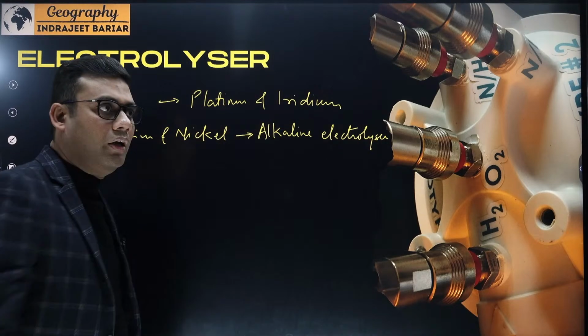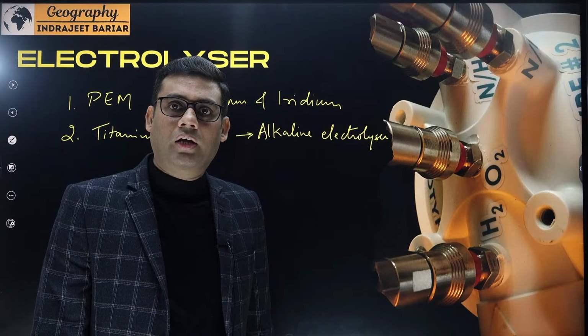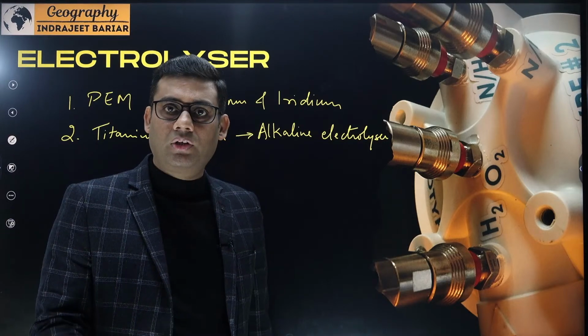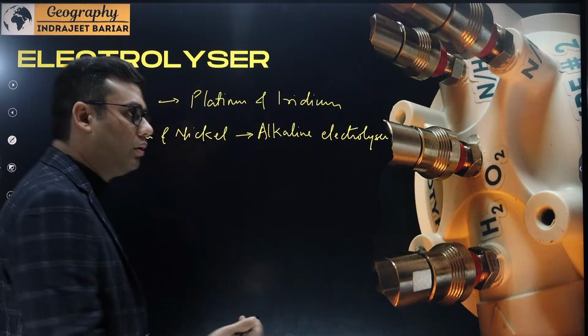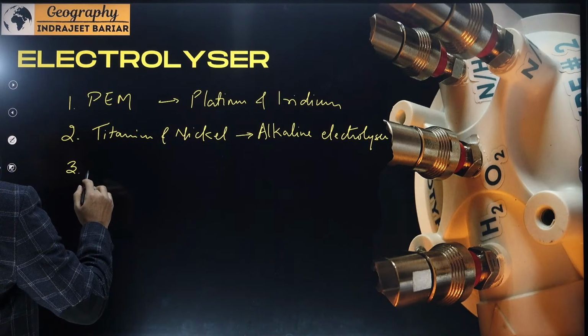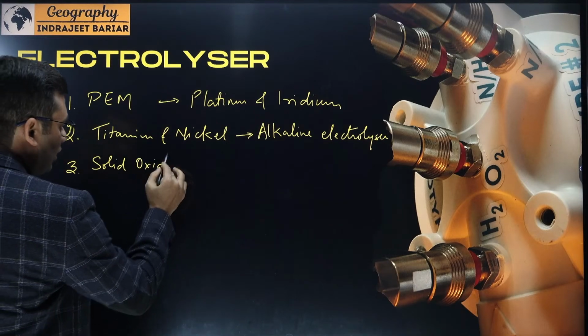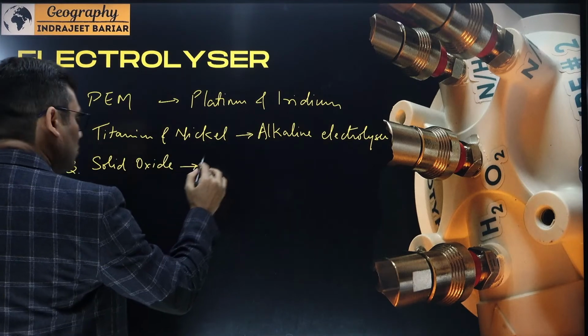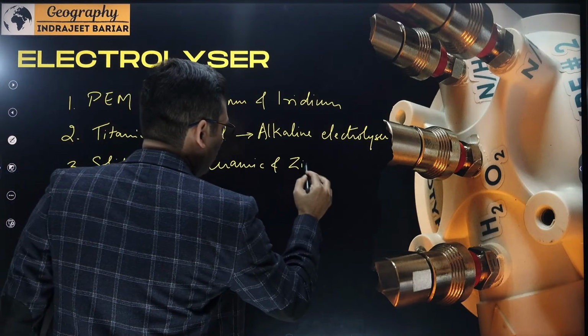In the alkaline electrolyzer, what we do is basically an alkaline medium is used, and with this alkaline medium the electrolysis is done. And the third one that we deal with is the solid oxide electrolyzer, in which the materials used are ceramic and zirconia.